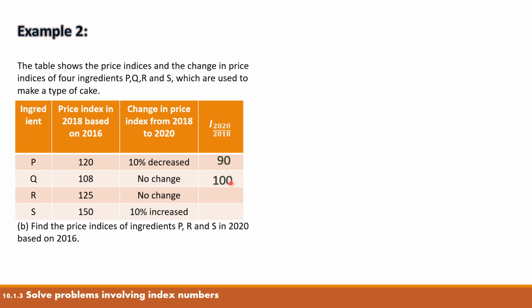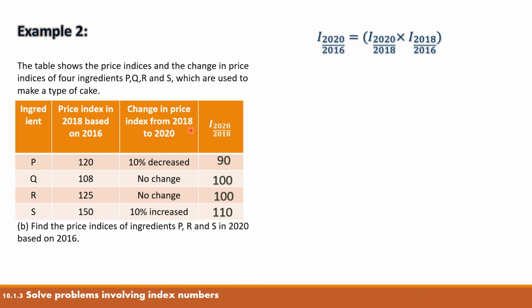For ingredient Q, there's no change in the price index from 2018 to 2020, so the price index for 2020 based on 2018 is 100, and the same goes for ingredient R, which is also 100 as there's no change. And for ingredient S, there's a 10% increase from 2018 to 2020. Therefore, the price index for 2020 based on 2018 will be 110.